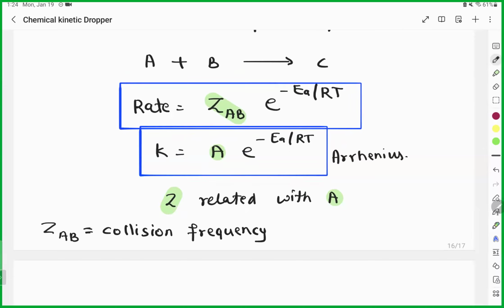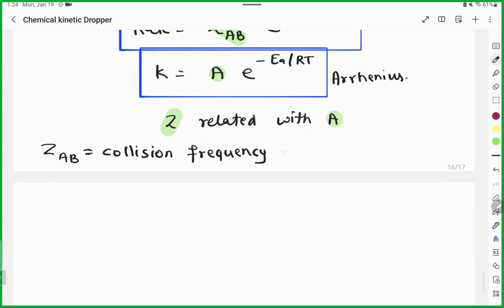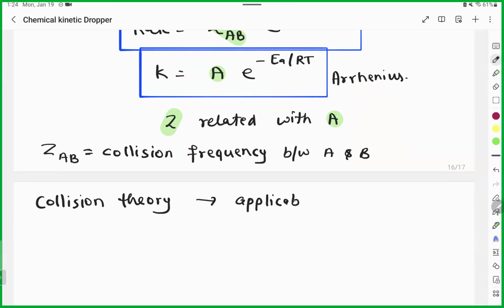Okay. And when we use collision theory, collision frequency between A and B. So when we consider here, collision theory is applicable for the elementary reaction or simple reaction.